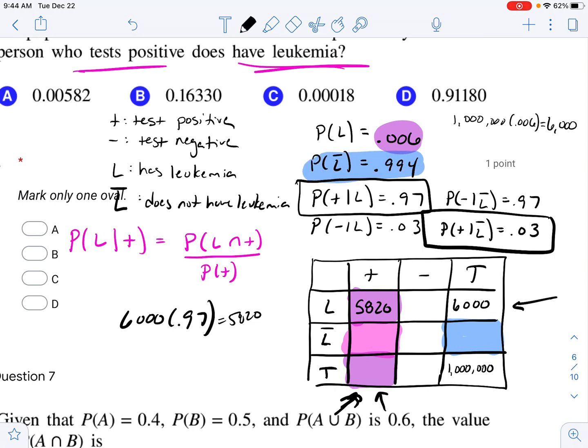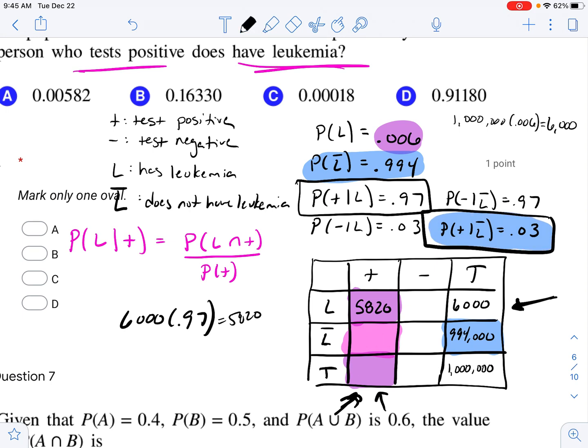Out of our 1 million people, 0.994 of them, or 99.4%, are going to not have leukemia. So you can do the math there. You can multiply 1 million by 0.994, and you get 994,000. You could have also just subtracted the 6,000 from the million to get that number as well. But again, let's come back to this particular conditional now.